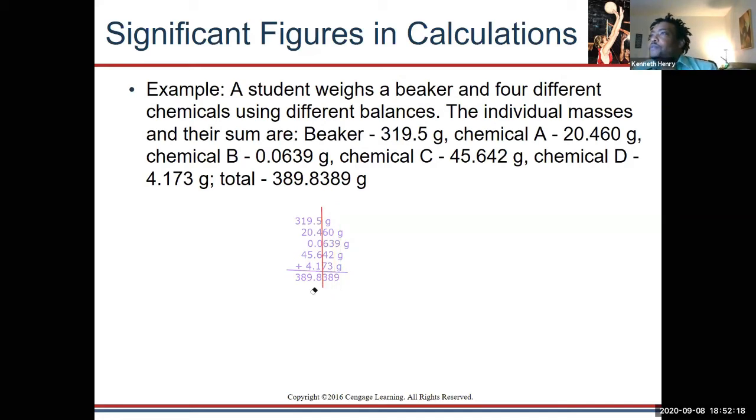Okay, so what number are we going to use to determine whether we round or not? The 3.